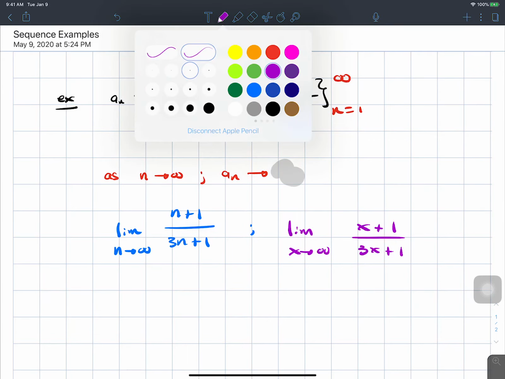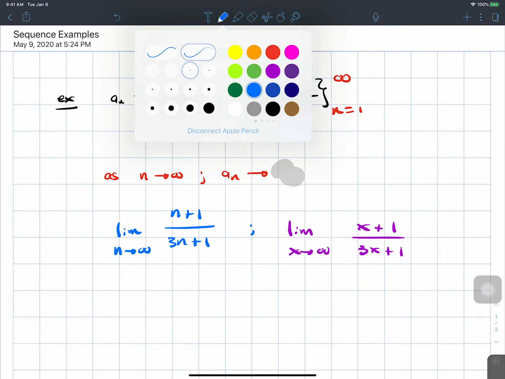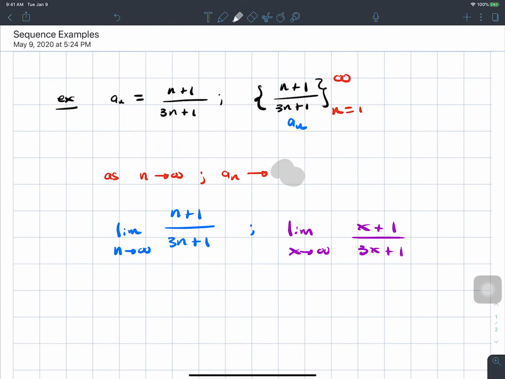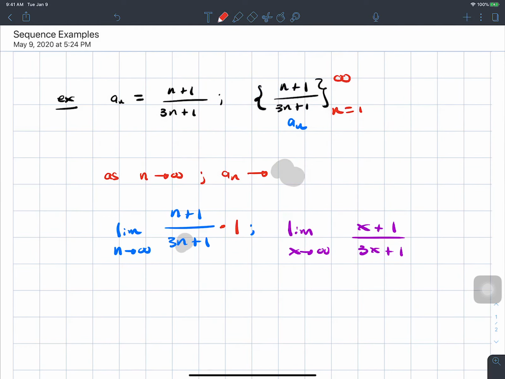And you guys remember that we always divide by the highest power of the variable in the denominator when we have a rational function. So in this case, we divide really every term by n, but if you really wanted the details, it's multiplying this fraction by 1.